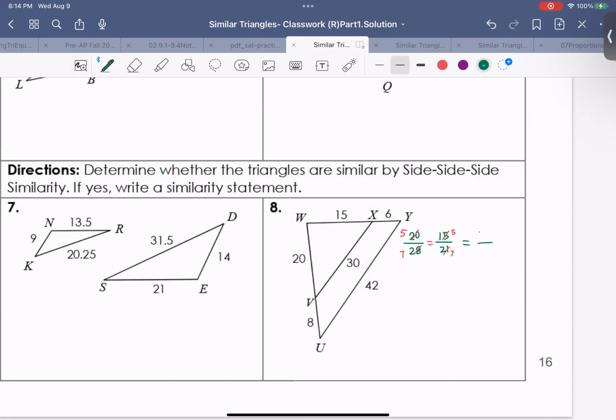We do 8, right? No, you do 7. I gave you the tricky number to see your number sense foundation.